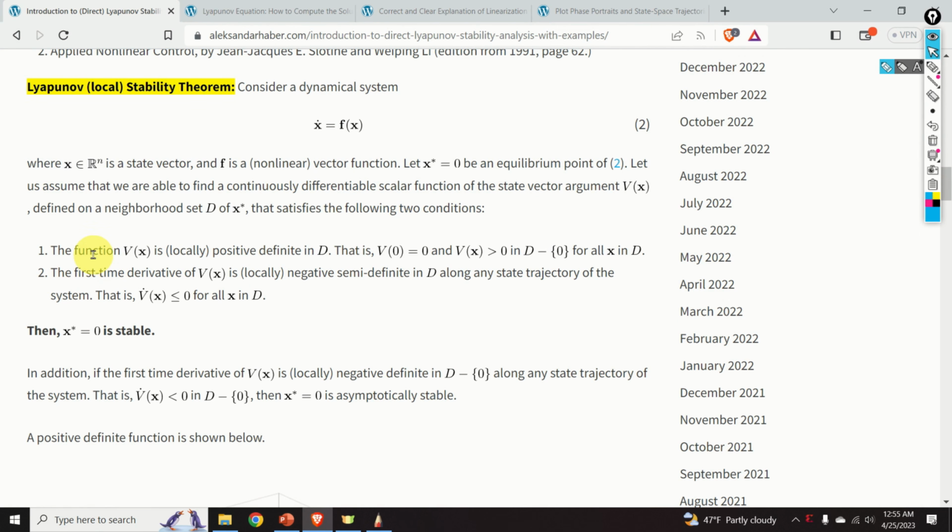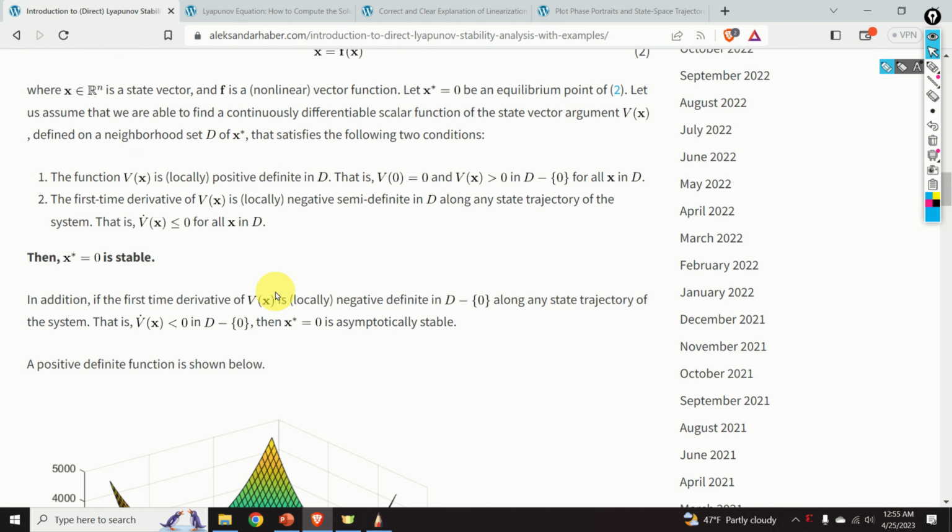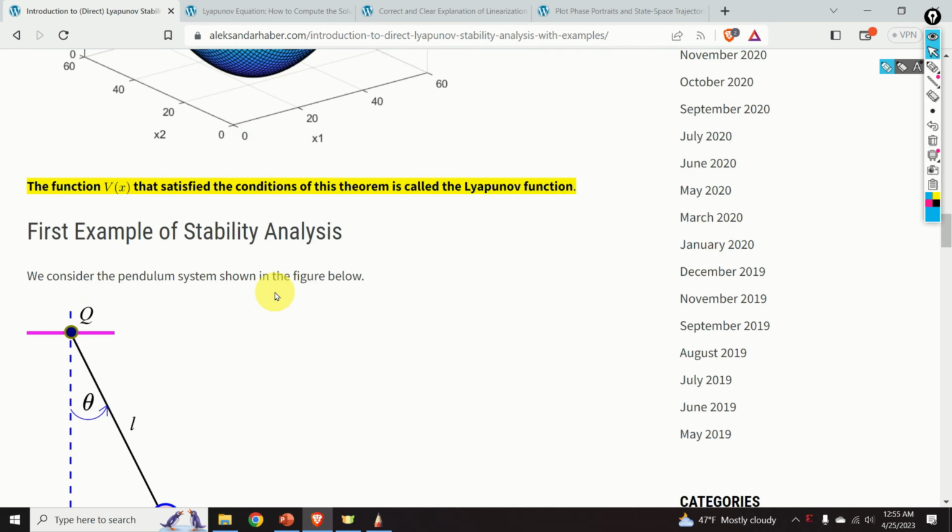That is, it has to be locally positive definite in a domain around the equilibrium point, and the first derivative of the Lyapunov function should be either negative semi-definite or negative definite. And if these two conditions are met, then the function is actually a Lyapunov function.